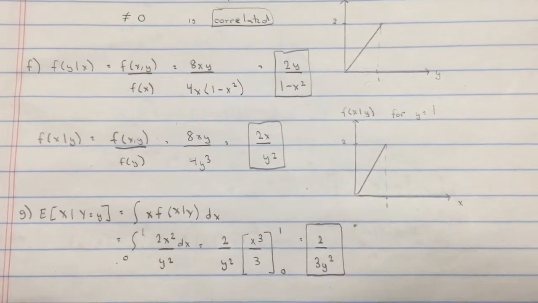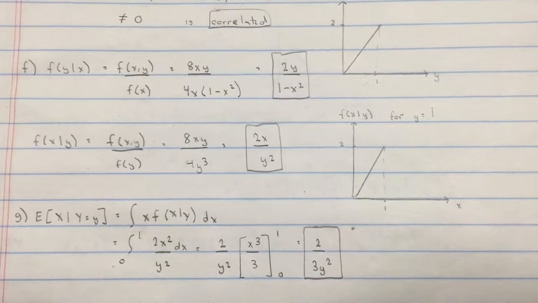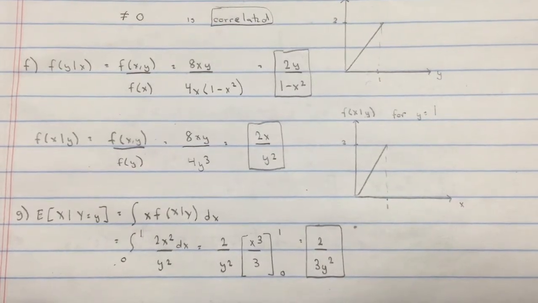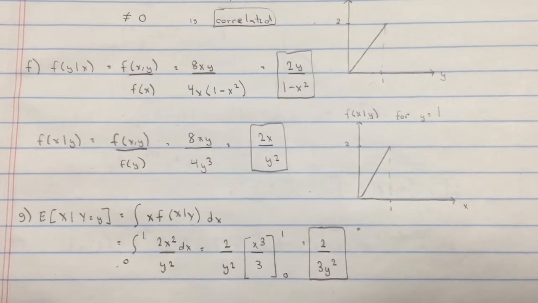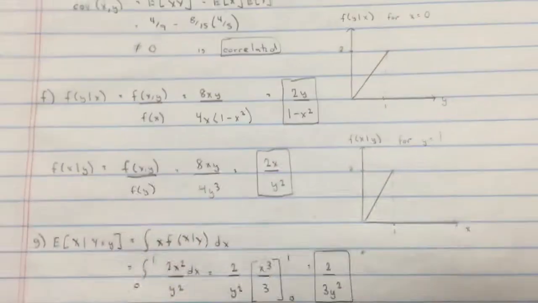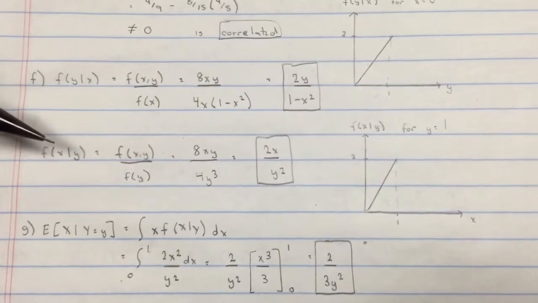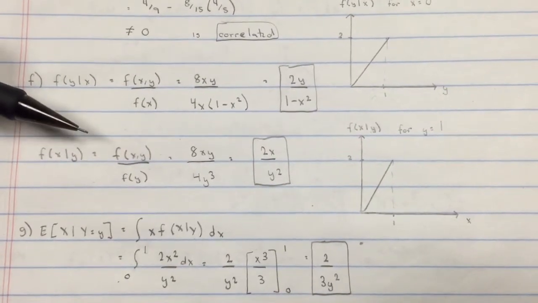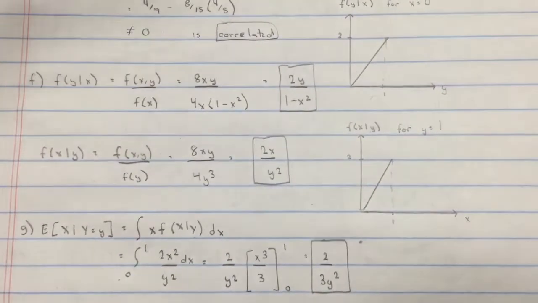For part F, we are asked to find and sketch the conditional density functions of f of y given x and f of x given y. And so f of x given y is simply f of x and y divided by f of y.